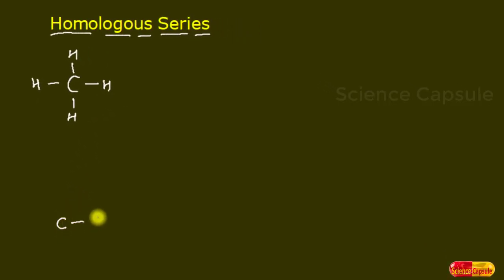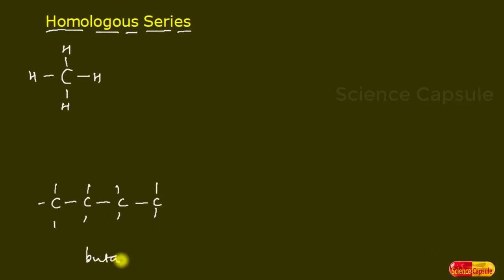Here I am taking an example of a higher member of hydrocarbon, butane. So this we call butane, and this is methane with one carbon atom, and for all the others, the valency of carbon is to be fulfilled by hydrogen.